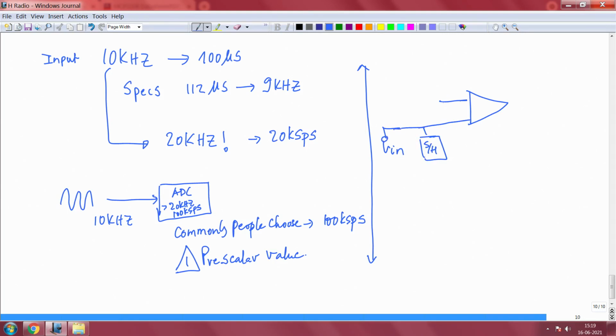This one is actually coming from the DAC output, okay, that means it is giving you an analog output. Now what is the DAC output, why is it giving an analog signal? Because that is the business of the DAC. It is supposed to take a digital input and then gives you an analog output.